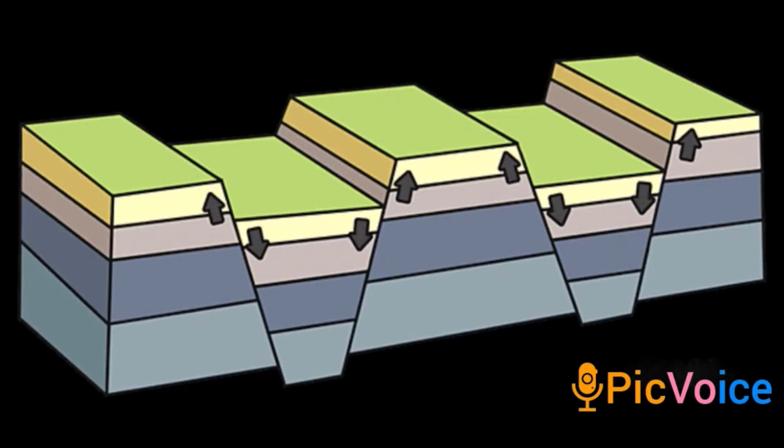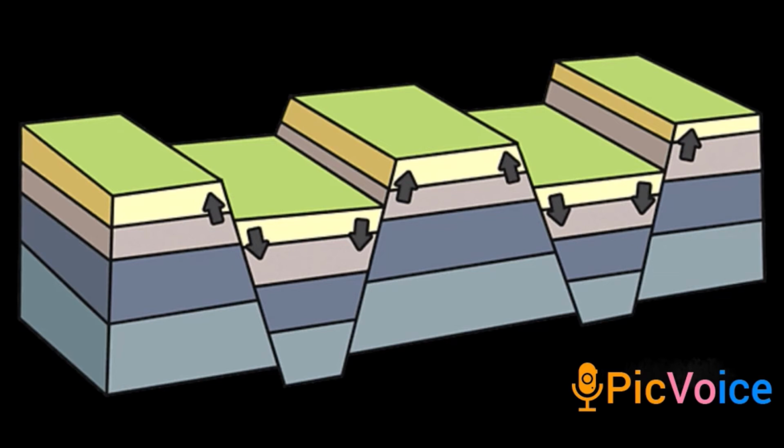Next, this is the picture of block mountains. So, how are block mountains formed? When the rocks are broken, there will be cracks. So, on the rocks, the cracks will be created. Between those two cracks, the land between them can rise or go down.